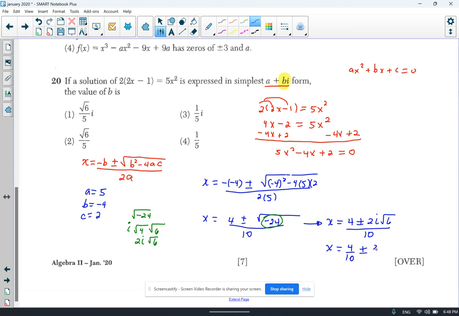I'm going to split it apart first, just so the imaginary piece is separate from the real piece. I can then reduce 4/10 down to 2/5, and I can reduce the 2 and the 10 down to i rad 6 over 5.